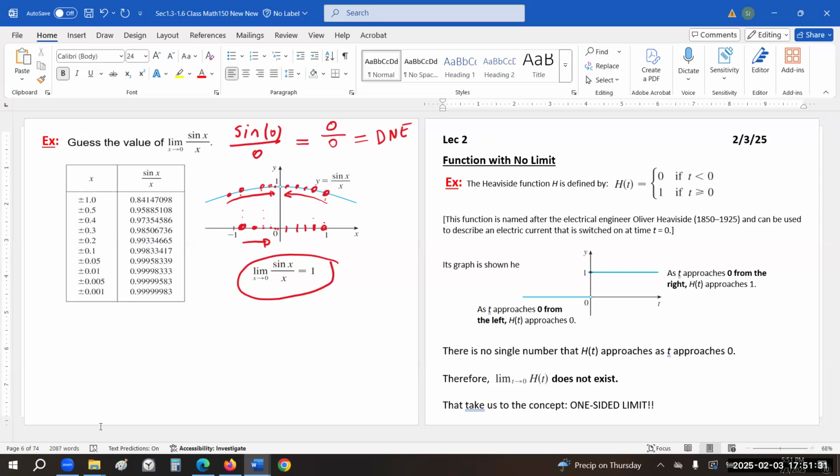Like how, if you go to 0 from your left side and from the right side, how the y values are changing. Is it going toward a specific number or not? So if you observe, it doesn't matter which direction you are going, either -1 or +1 for both x values. This is the y. For -0.5 or +0.5, it doesn't matter for that number. For both of them, this is our y value. So as you can see, the y values are getting bigger, bigger, and bigger, and they're going approximately toward 1.